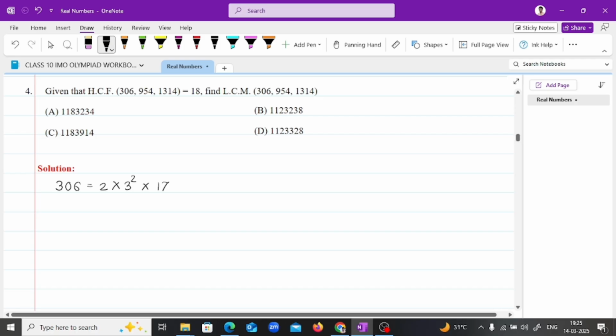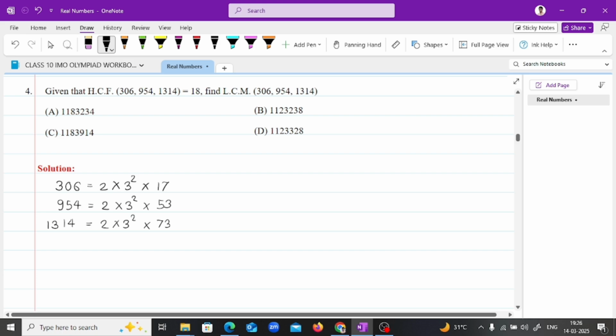Prime factorization of 954 will be 2 into 3 square into 53, and prime factorization of 1314 is equal to 2 into 3 square into 73. You can verify it later.